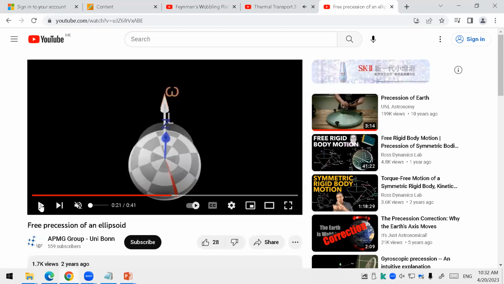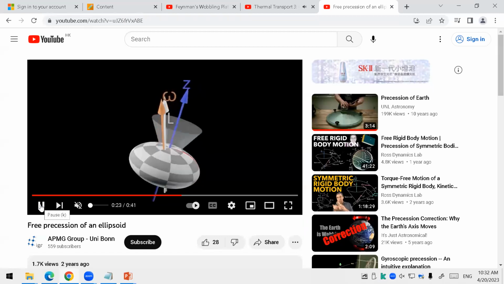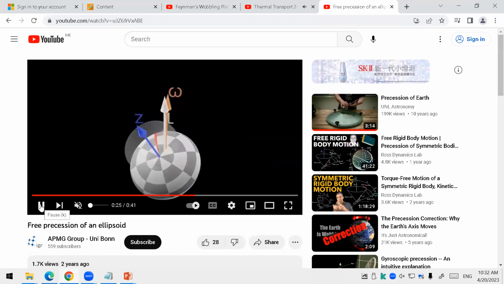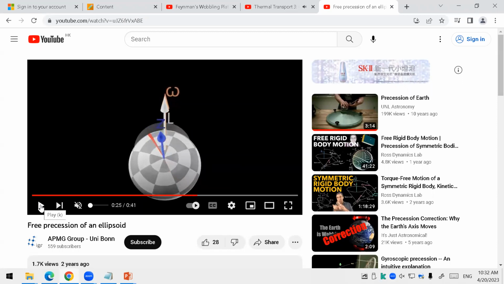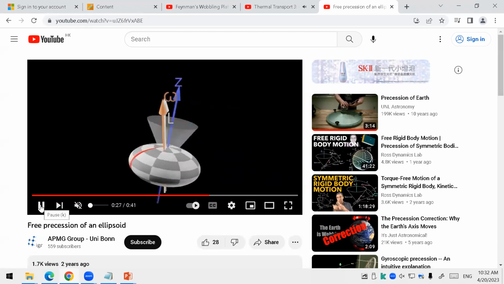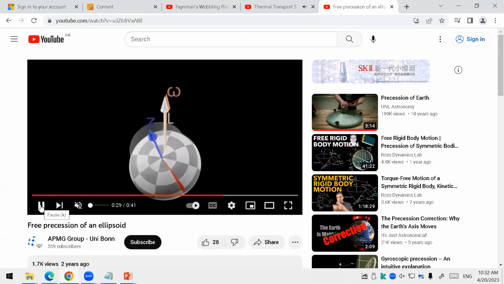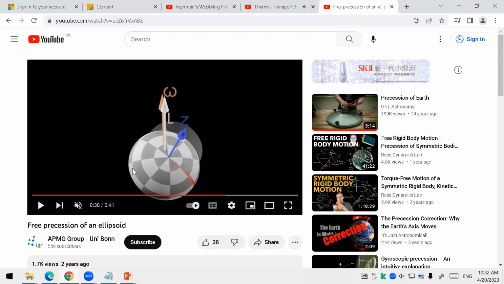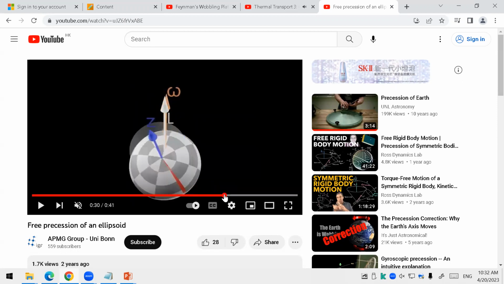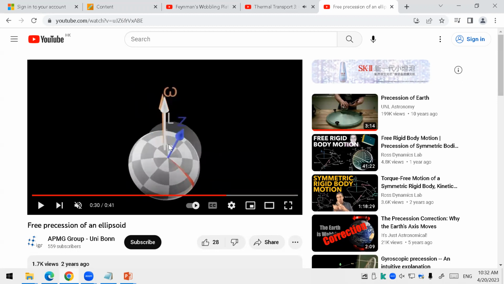So let me play one more time. So third cycle for the wobbling, and then the fourth cycle for the wobbling, right? Fourth cycle for the wobbling, and you can see this red line.